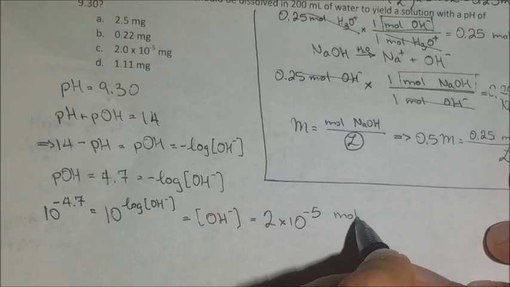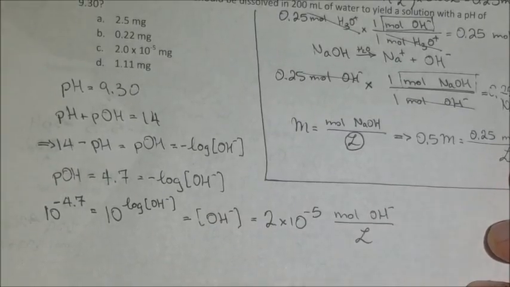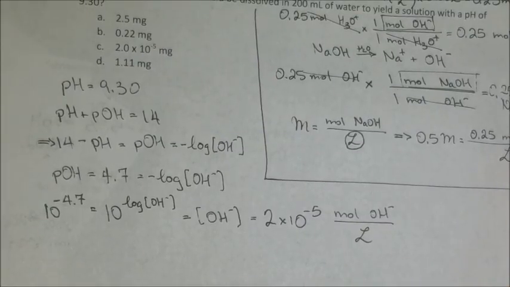So this is moles of hydroxide per liter of solution. All right, units, units, units, really super important. So you know what you're talking about, what your numbers mean. So I have a way to relate moles of OH minus to the volume. So when I have a liter of this solution, I have 2 times 10 to the negative fifth moles of OH minus.